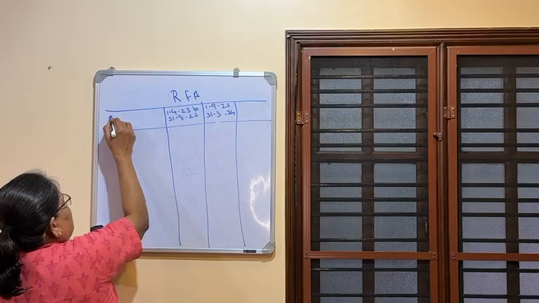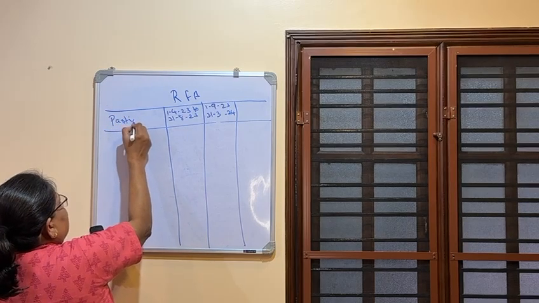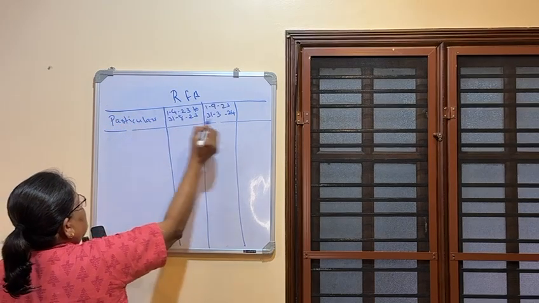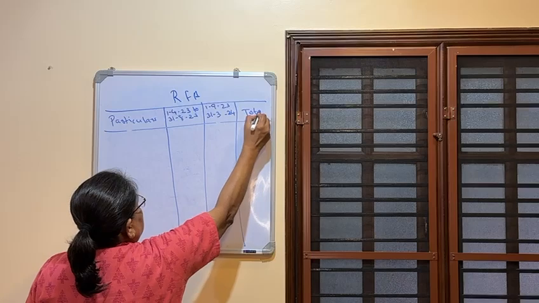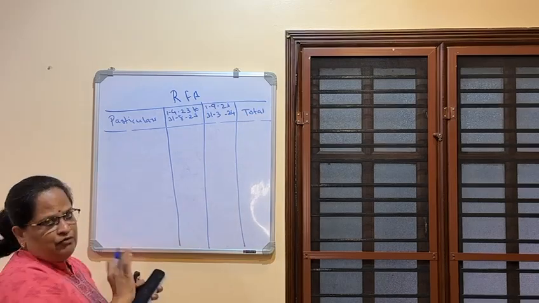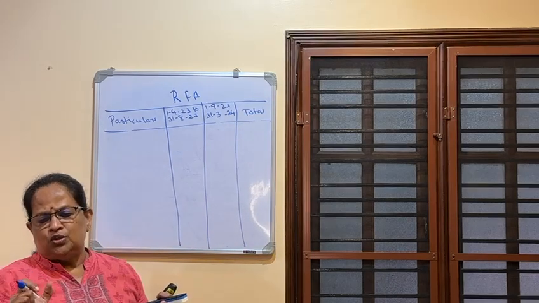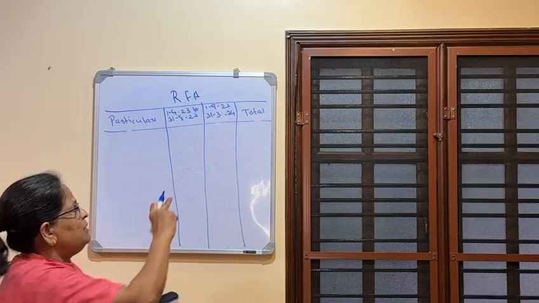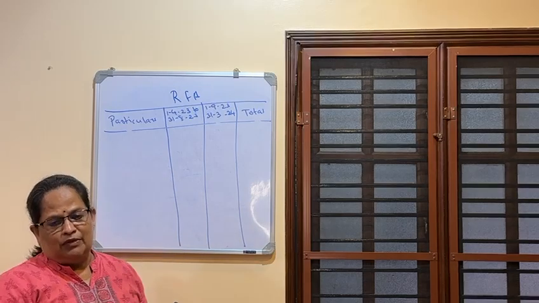So here we will write the particulars and here we will write the total. The first one we will take for 5 months: April, May, June, July, August. Remaining 7 months for the September onwards.